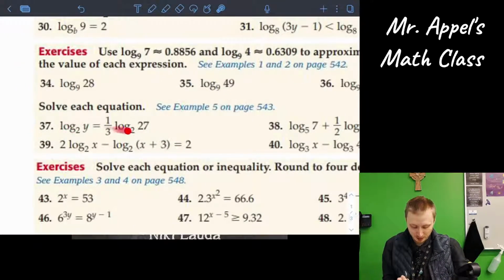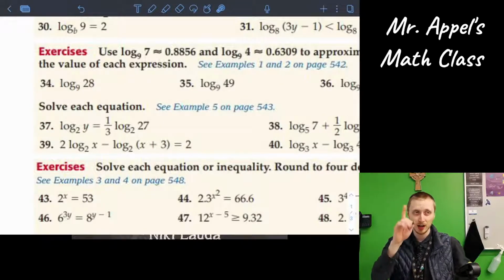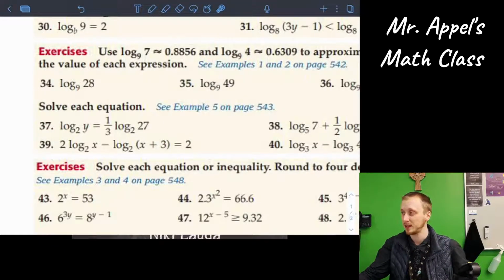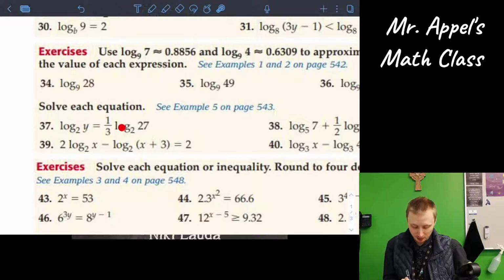So, for example, since we already have log and a single log here, oh wait, this is not a single log. This is not log by itself. It's got to be only log of stuff. So first we got to remove this 1/3. You can't just multiply both sides by 3 because then you'll have a times 3 over here. It doesn't help you. But there is a property: a log of something with an exponent, you can write in front.